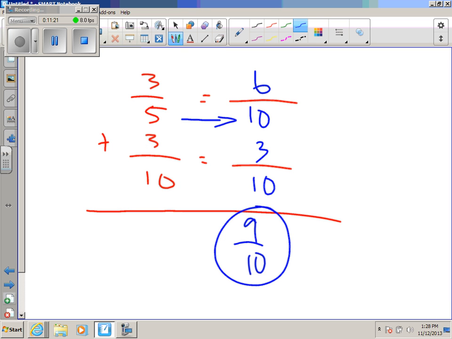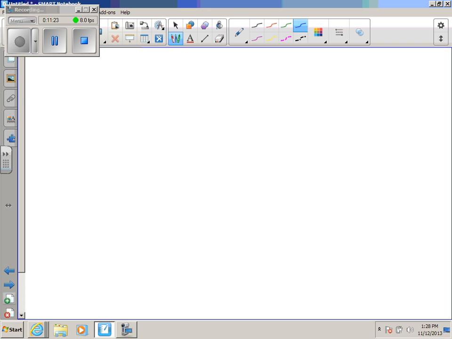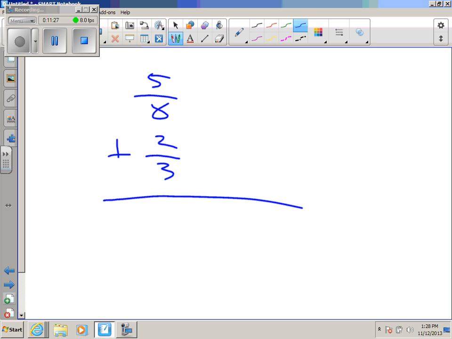The next one, 5/8 plus 2/3. Between an 8 and a 3, 8 doesn't work for 3. What's the next multiple of 8? 16. Does 16 work for 3? No. How about 24? So 8 times 3, 5 times 3 is 15. Times 8, 8 times 2 is 16. 15 plus 16.